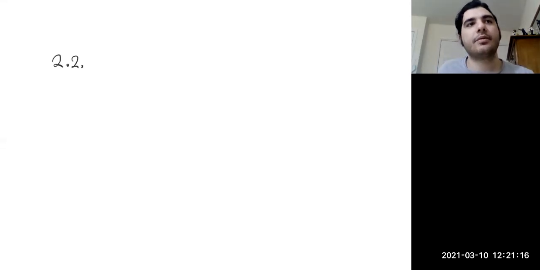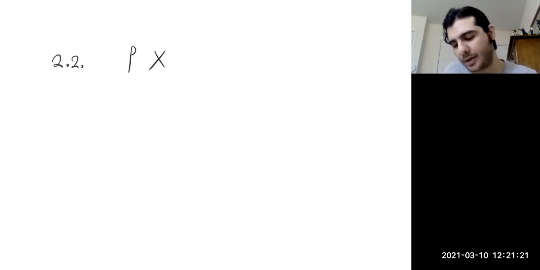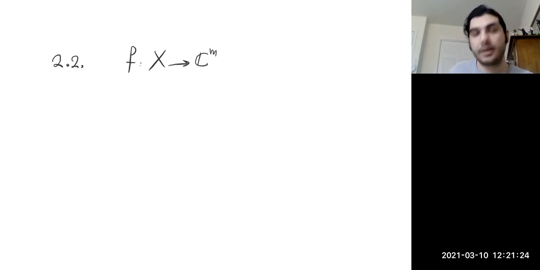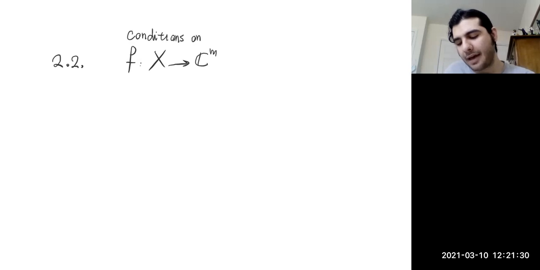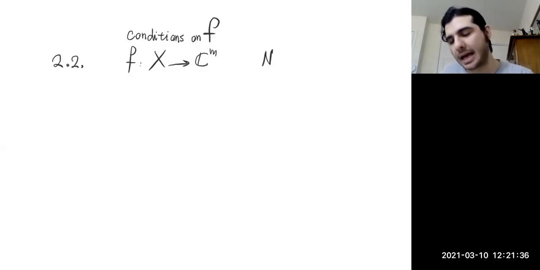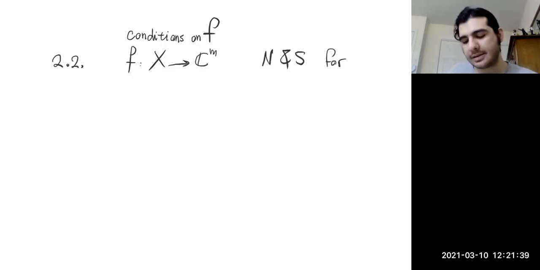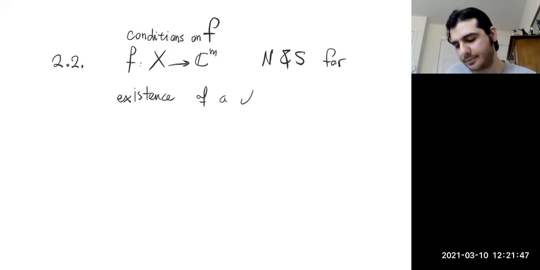Okay, so the second part of the question says, formulate conditions on a map F from X to Cm, conditions on F as a map, which is necessary and sufficient for existence of a linear extension T from Cn to Cm.